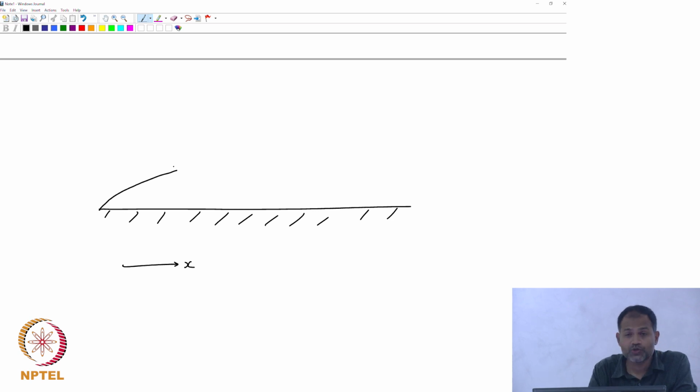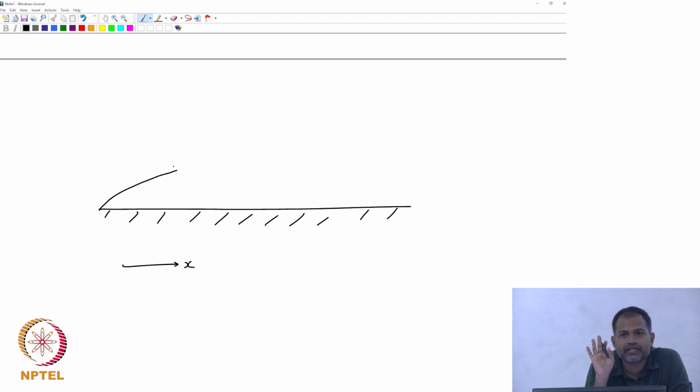Let us say that shows the growth of the boundary layer. If the Reynolds number gets sufficiently large, then even though the flow would be laminar near the leading edge of the plate, after a certain point it will go turbulent.